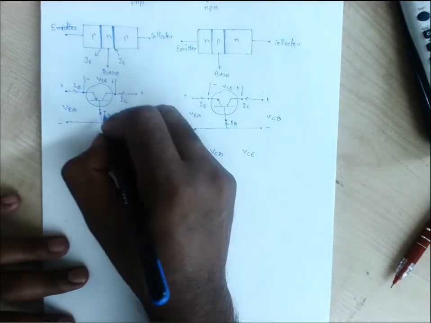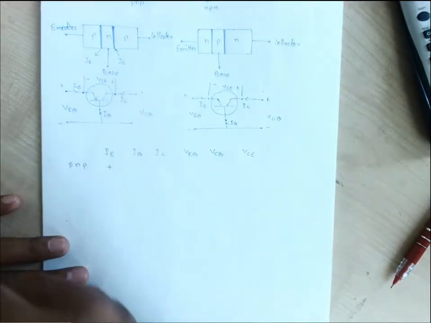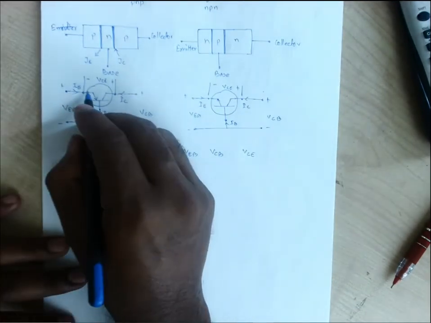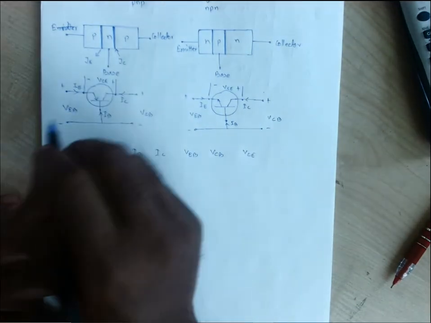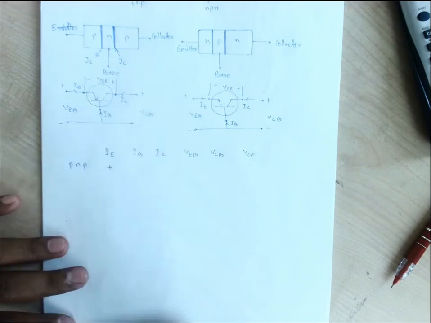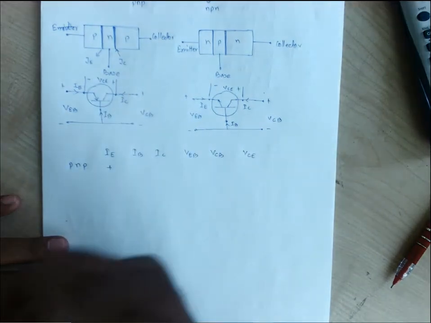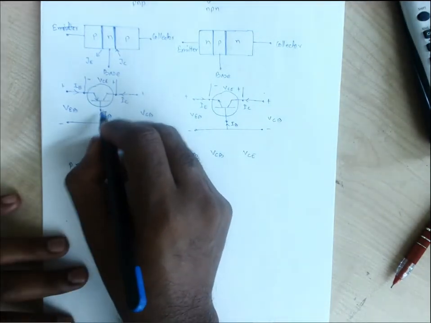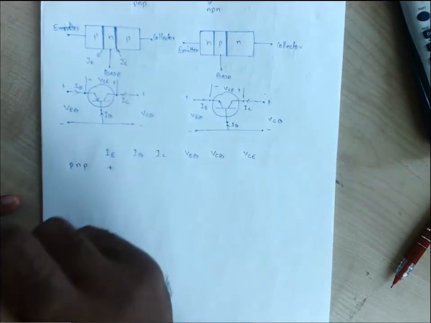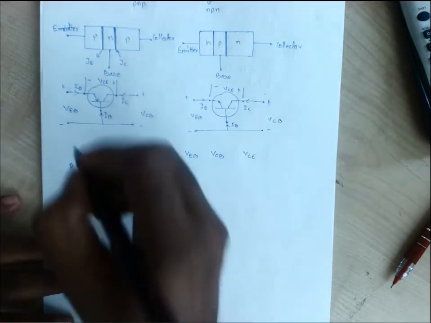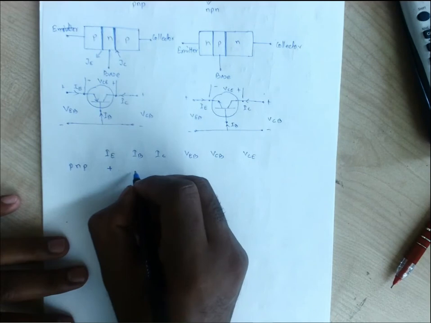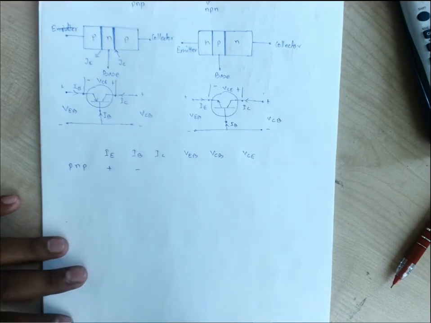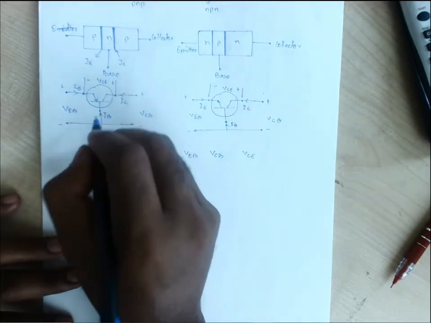Now this IB is also taken as going inside, but as the current is going into this transistor, the IB will obviously be in the opposite direction. Though we have taken IB as going in, that is not at all the case for the PNP transistor. This IB should come out from the transistor, so it should be taken as negative according to the direction we have taken.